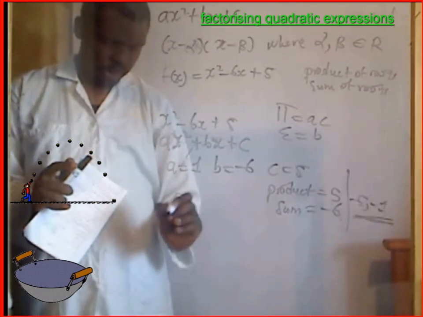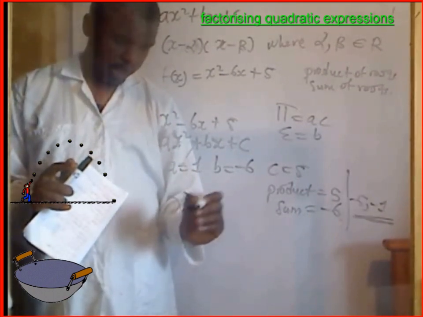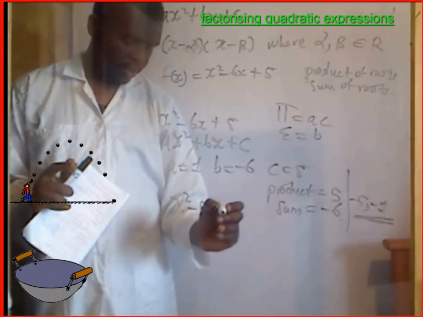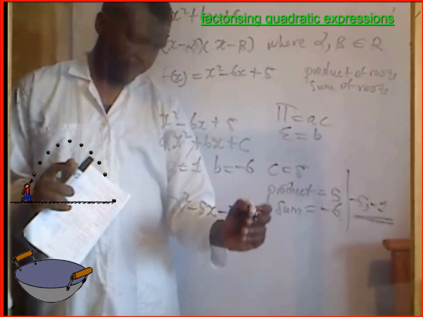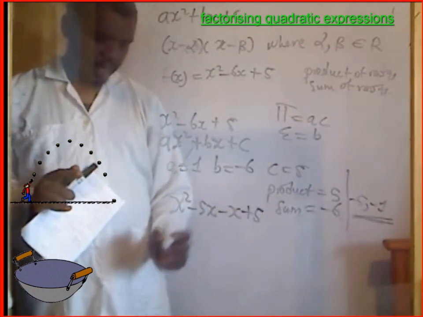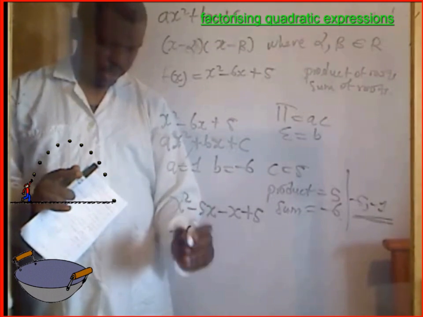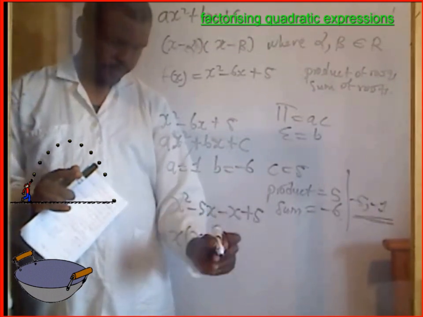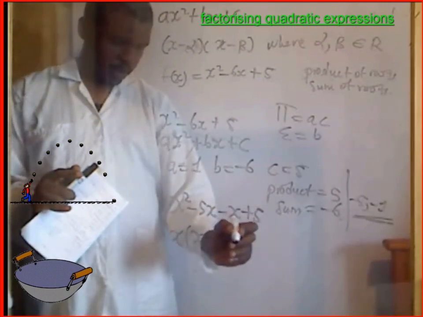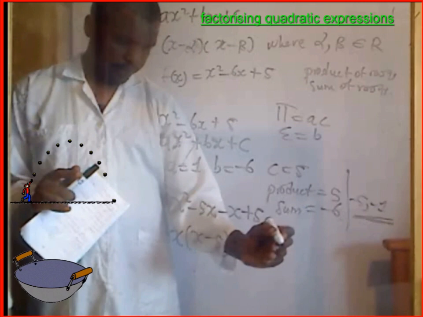So this will be x squared minus 5x minus x plus 5, and then factorize these two. So x is common there. This will give me x minus 5. 1 is common, minus 1, x minus 5.